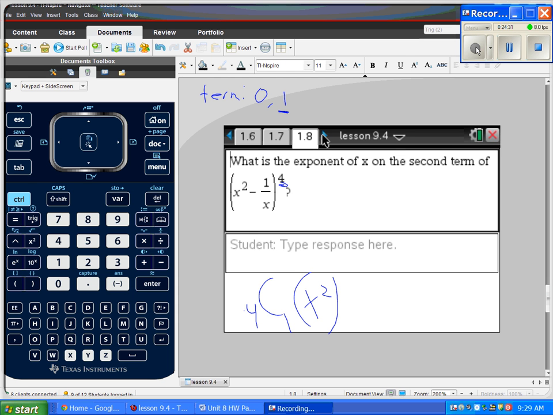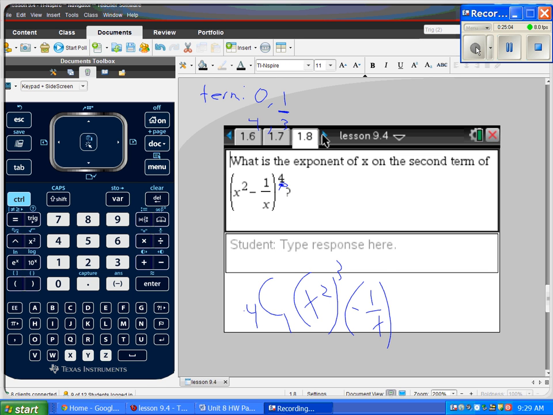It's the second term, right? So what's the first term going to have? The first term is always going to start with a 4. So the next one's going to start with a 3. Now don't get confused with this x squared. That's kind of irrelevant. The fact that there's a squared in there is going to change. We're just looking at the big picture of the binomial. The first one's going to have a 4, and then we're going to have 3. What goes here? Negative 1 over x, perfect.